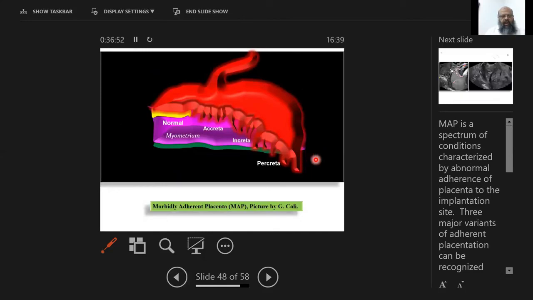The next slide. Here is the placenta, and you can see the myometrium. This is normal when it is touching. When it goes in, it is accreta. When it has entered the myometrium, it is increta, but it has not crossed it. But once it has crossed the myometrium, then it is percreta.